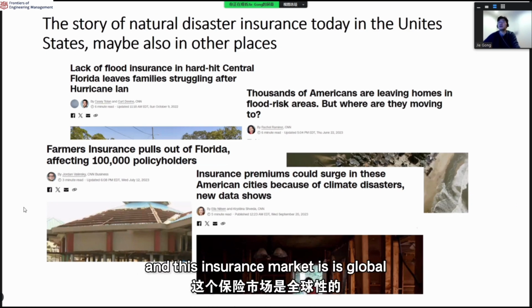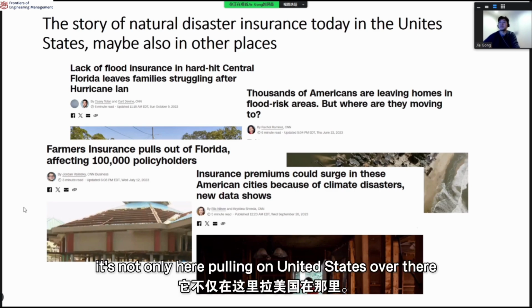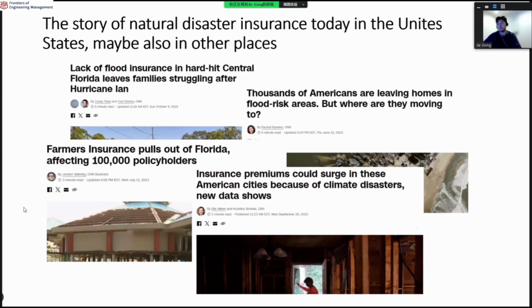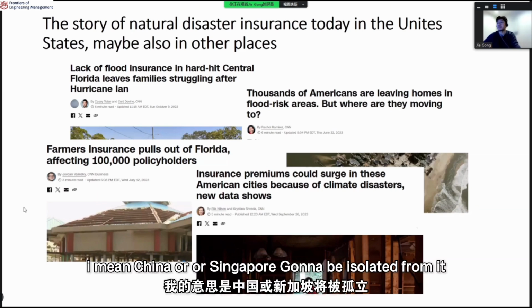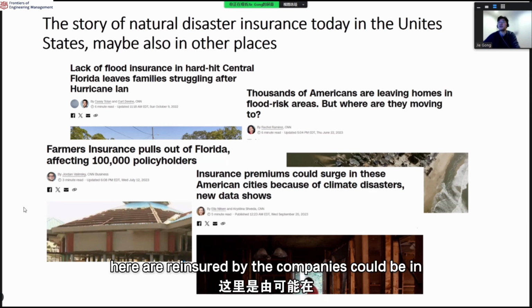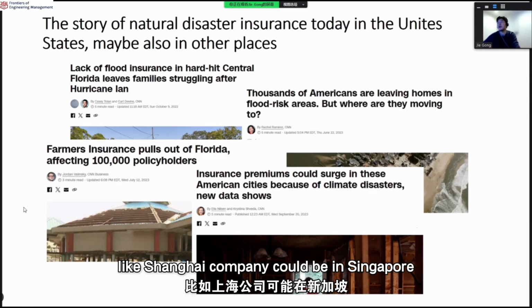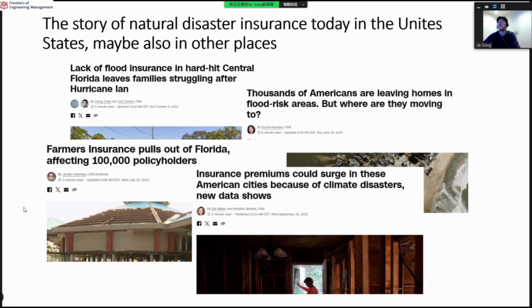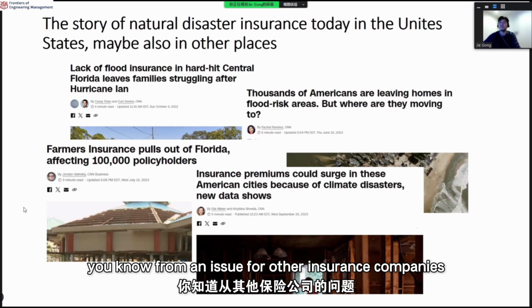And this insurance market is global. It's not only pulling out in the United States. Asia, I mean China or Singapore, is not going to be isolated from it, because most of this insurance is reinsured by other companies. It could be a company in Shanghai, the company could be in Singapore. So they buy the insurance from other insurance companies.